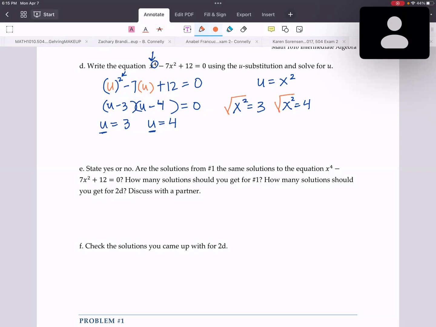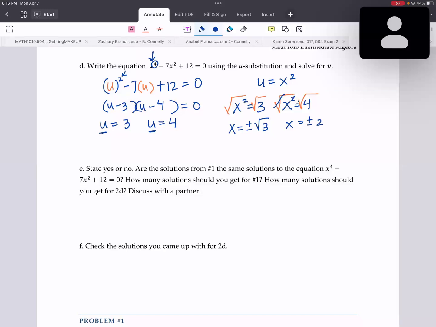So if I square root both sides here, then on this first one, I get x equals plus or minus, can't forget that plus or minus part, square root of 3. And here, when I square root both sides, I get x equals not just 2, but plus or minus 2.